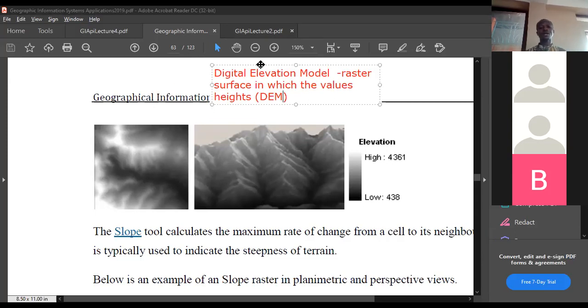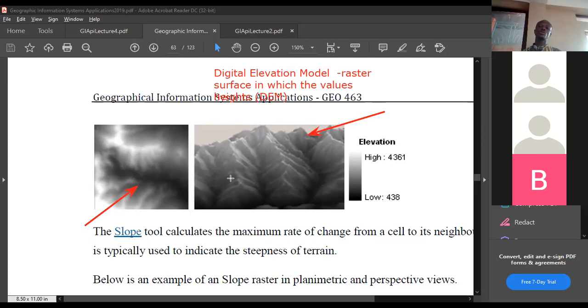So that's what you are actually looking at down here. This is a DEM, and from that DEM you can generate a surface looking like a mountain. Once you talk about slope, elevation, what is a slope?